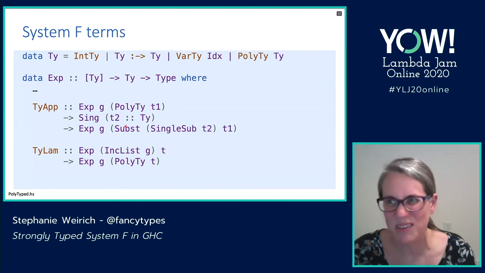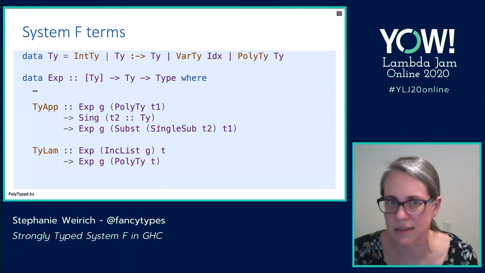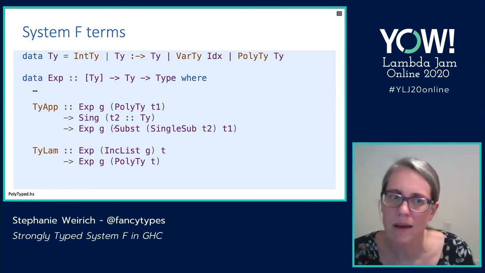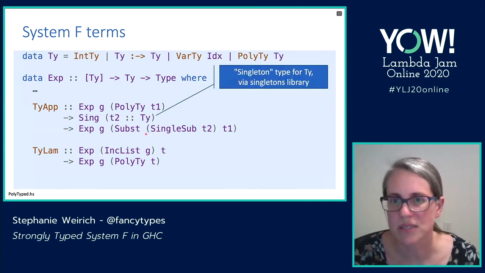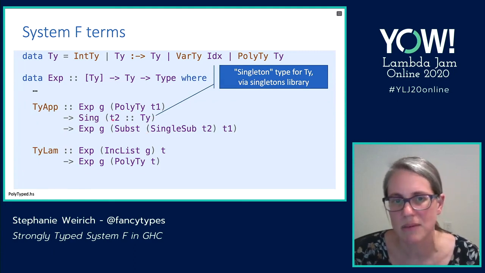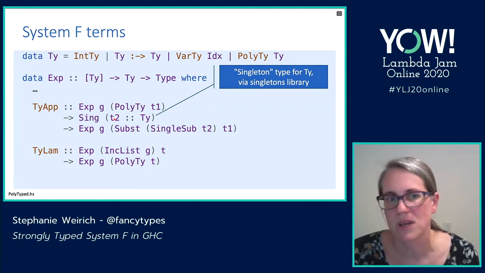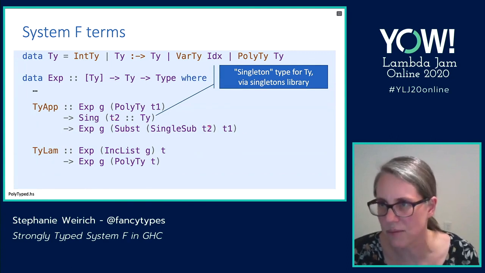The only change is I have to make it a capital letter to refer to the one generated from singletons, both for single sub and for subs. So singletons is generating that. It's also generating this special type here, Sing, that gives me a way to represent this type argument, both as a term expression and as something I can use in the type itself.